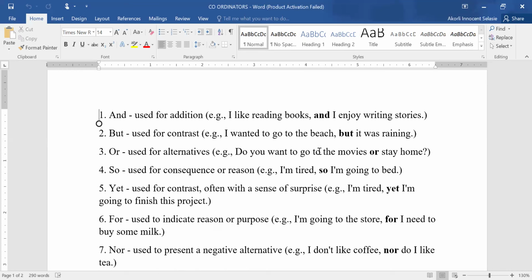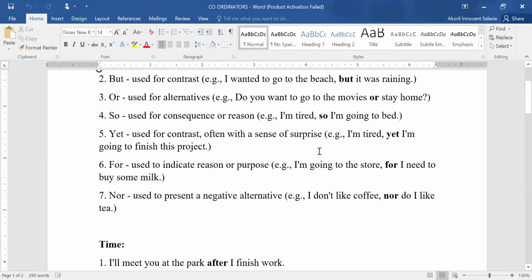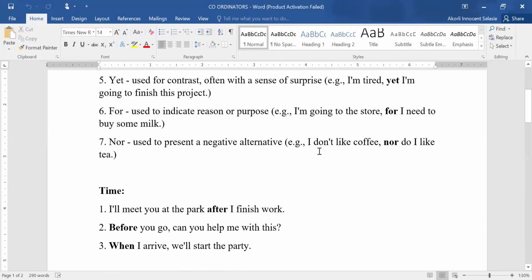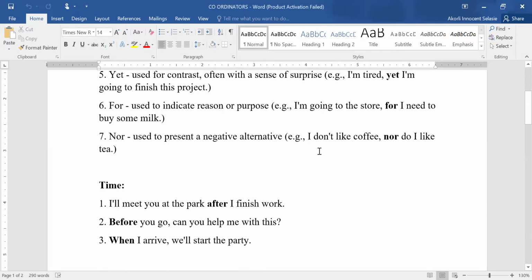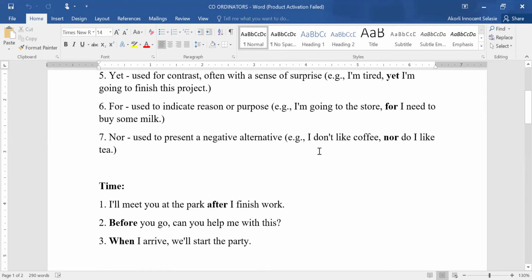I am going to finish. It's a verb. I'm going to the store for I need. I need. So if you suppose sentences and after a conjunction there is no verb, then you probably are not right. You are writing something else, like a simple sentence, because if there is no verb after a conjunction, then it's not a compound sentence.